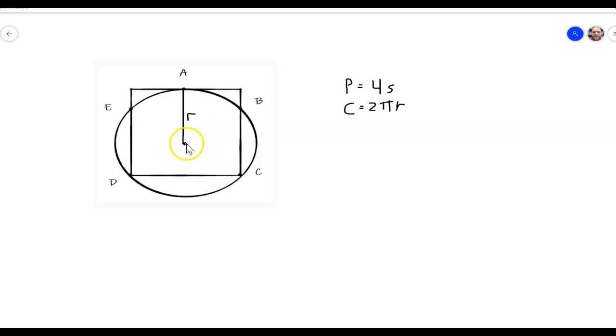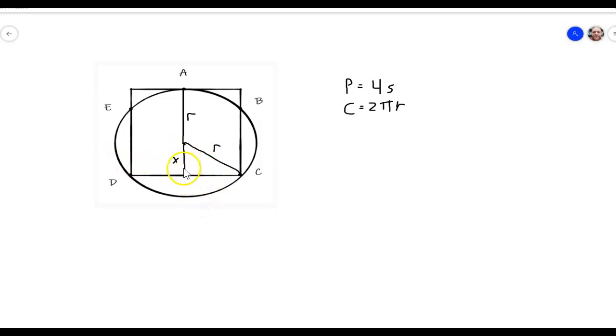We can draw a radius here, and another radius there. Then I can draw a line straight down to the bottom. That line is not a radius, and it's not the length of a side, so we don't know what it is. Let's just call it x for right now.